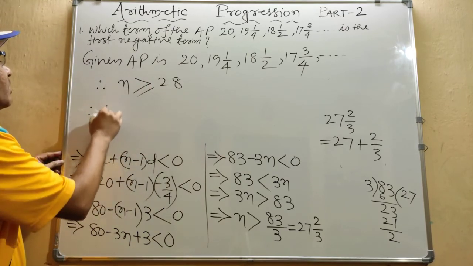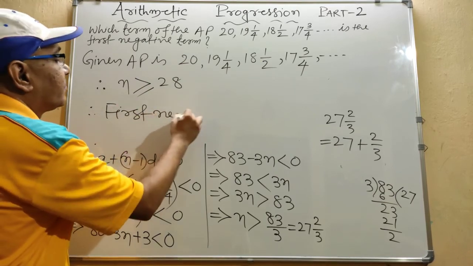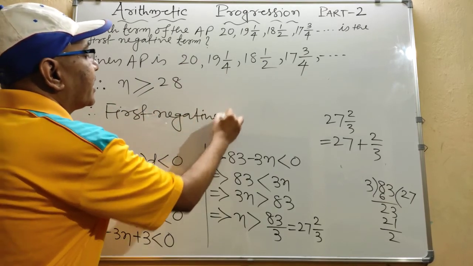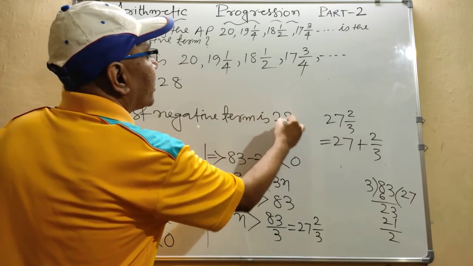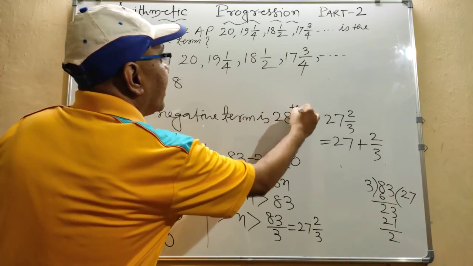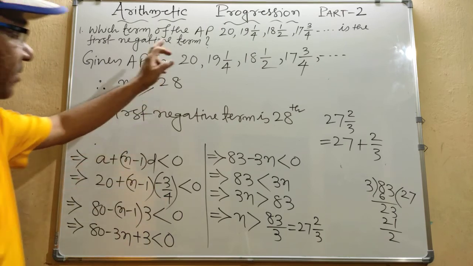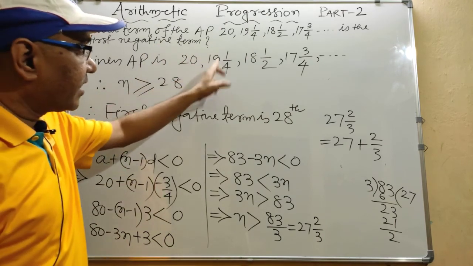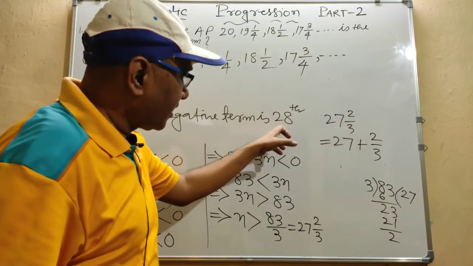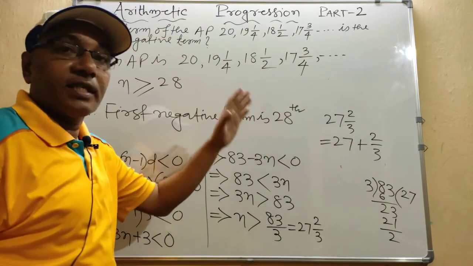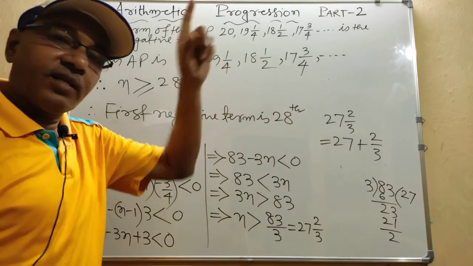Therefore, first negative term is 28th. 28th, not 28. 28th term, this is first term, this is second term, this is third term, this is fourth term. 28th term will be the first negative term. If you find the 28th term, it will give you negative.